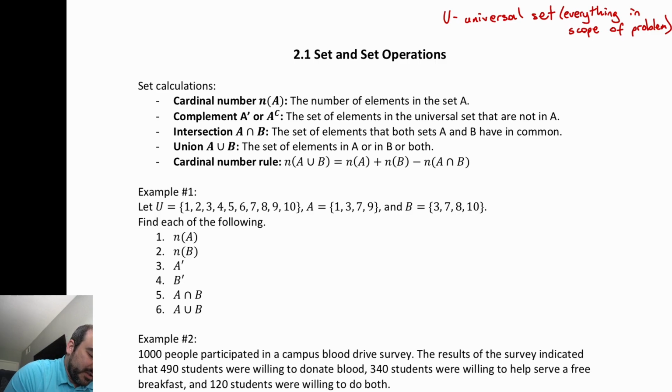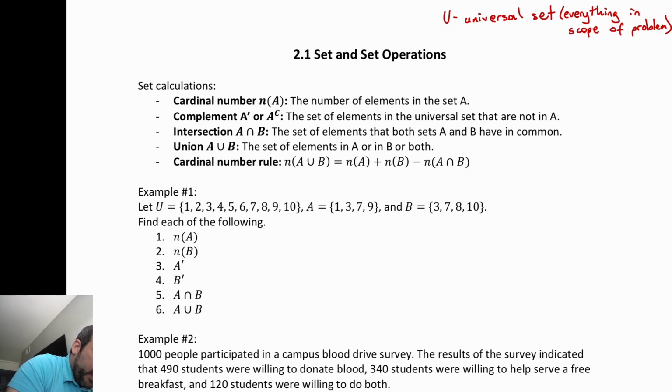If example one tells me that the universal set U is 1, 2, 3, 4, 5, 6, 7, 8, 9, 10, those are the only things that exist in this example. Sometimes the universal set is the set of all integers, or just numbers 1 through 10, or all real numbers. So the universal set is going to switch between problems. But when you're working on this problem, the universal set is everything in the world as far as this problem is concerned.